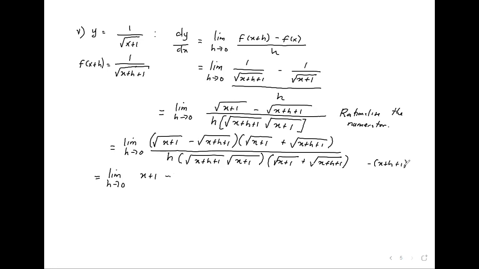So when you expand, it will be negative x minus h minus 1 over h root of x plus h plus 1, multiplied by root of x plus 1, multiplied by root of x plus 1 plus root of x plus h plus 1.